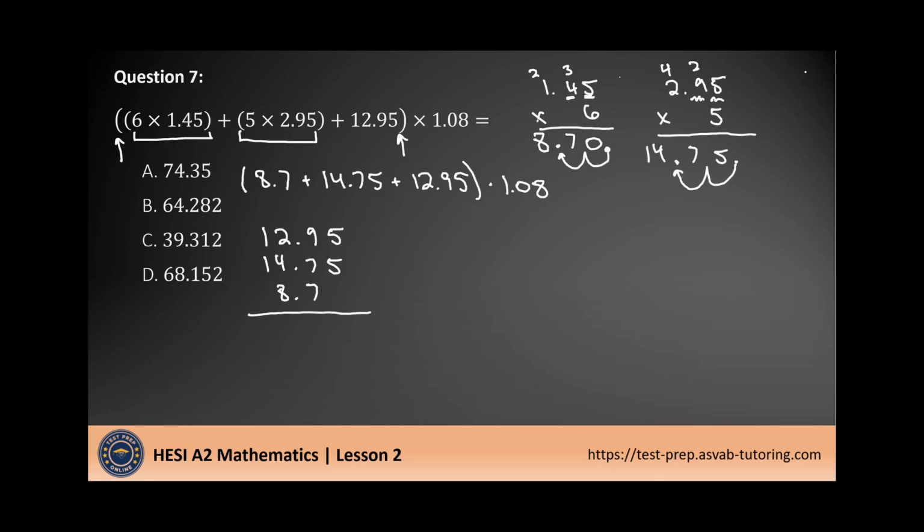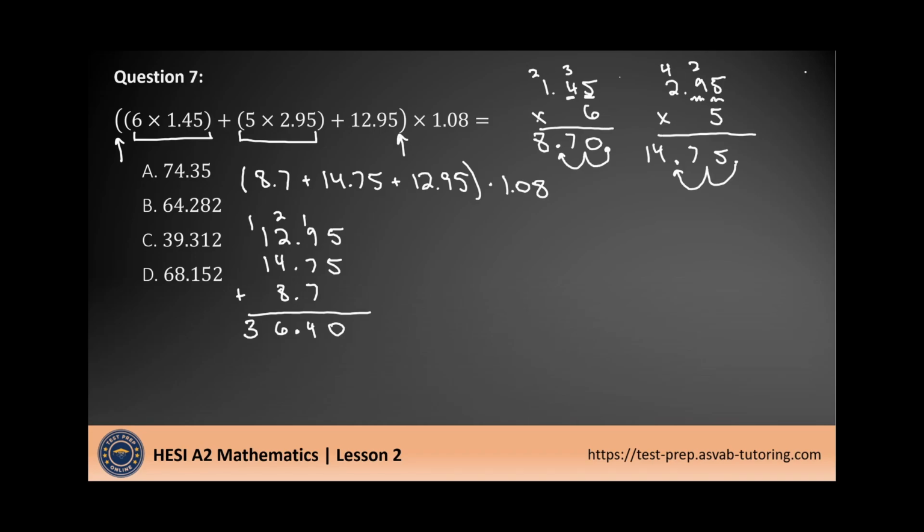Make sure that your decimals are all lined up in a row, just like this. 5 plus 5 is going to be 10. 0, carry the 1. 1 plus 9 is 10. 10 plus 7 is 17. 17 plus 7 is 24. Carry the 2. 2 plus 2 is 4, 4 plus 4 is 8, 8 plus 8 is 16, carry the 1, 1 plus 1 plus 1 is 3. And so this is what was inside of that parentheses.